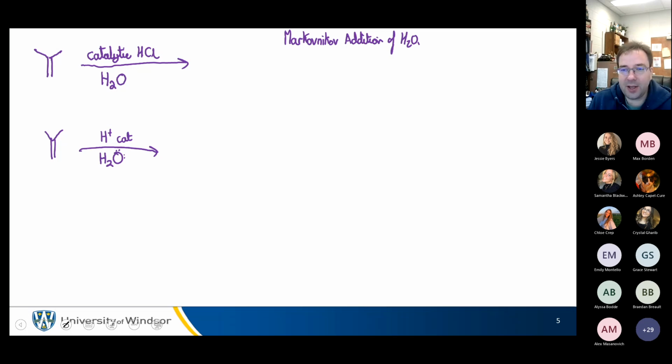I like how Melitza sees both opportunities and goes either or. Okay, so is a double bond more reactive than water? Are the electrons in the double bond more accessible than the lone pair on water? What do you think?